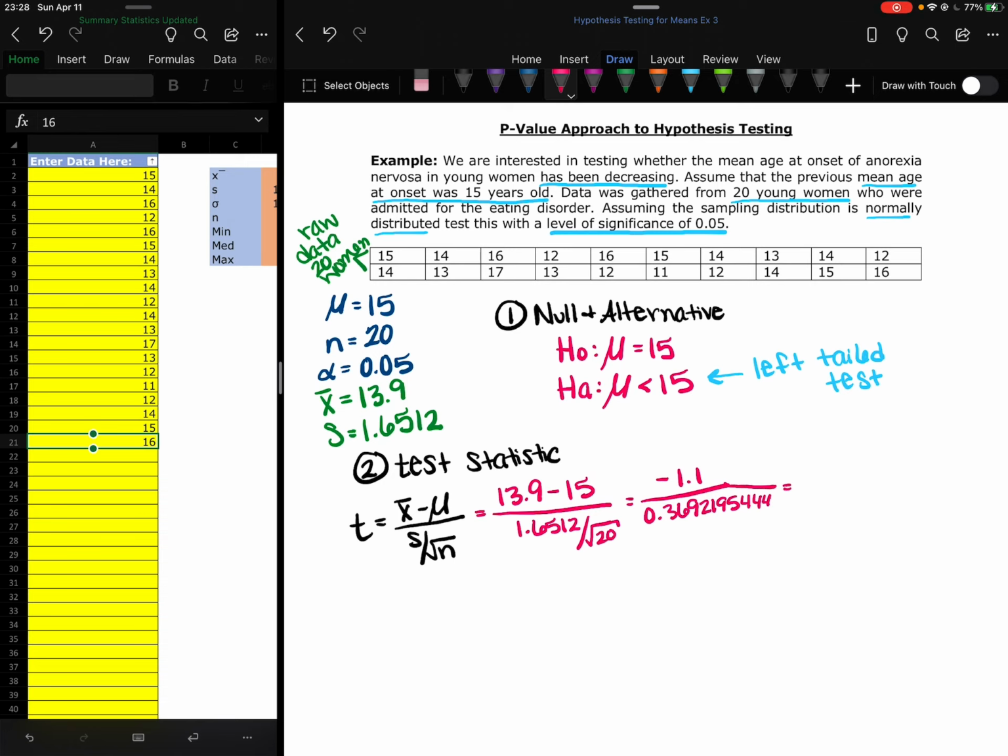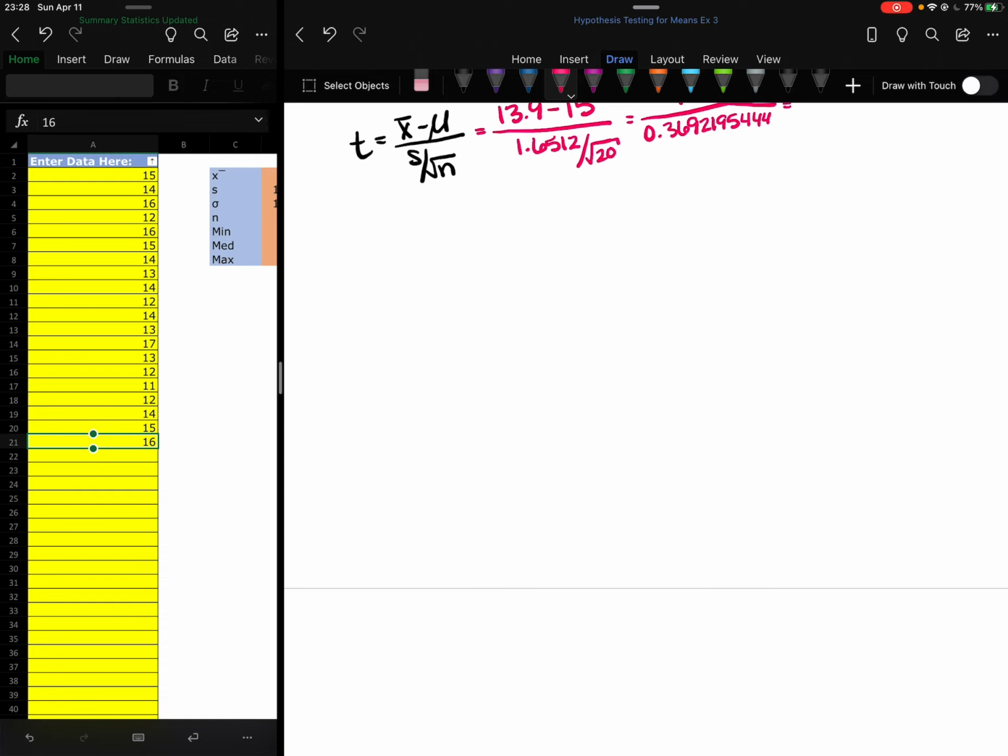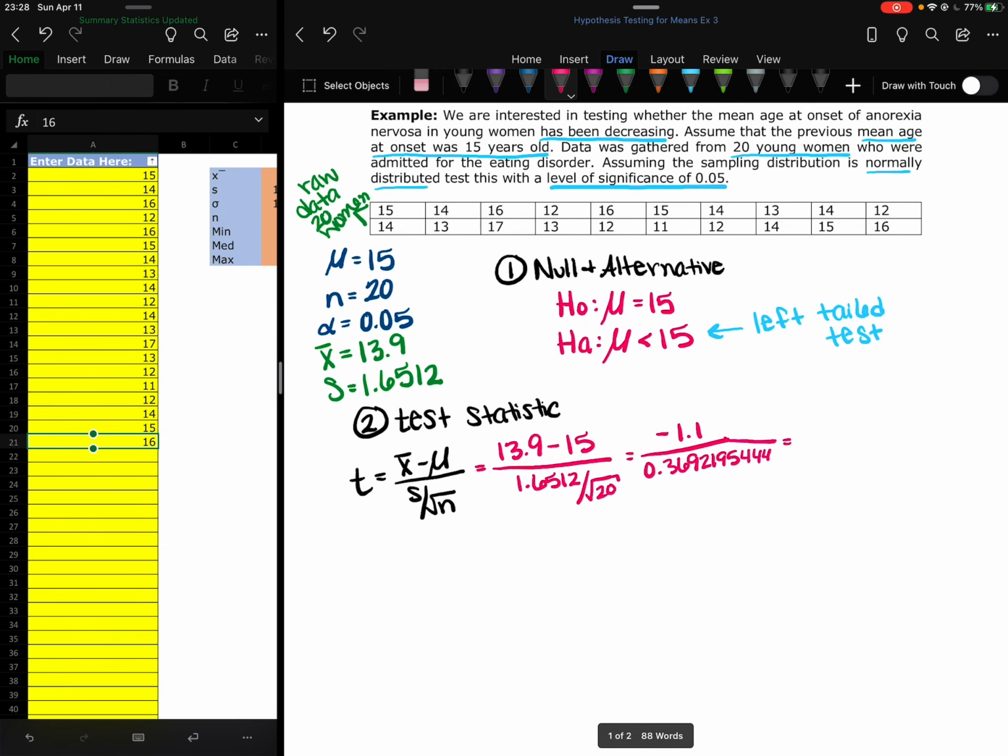Again, I'm wanting to keep as many of those decimals as I can, just to be on the safe side as I'm working through this. And negative 1.1 divided by all that fun stuff is negative 2.9793 when we round that properly.